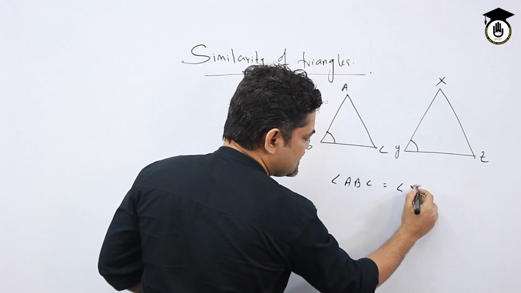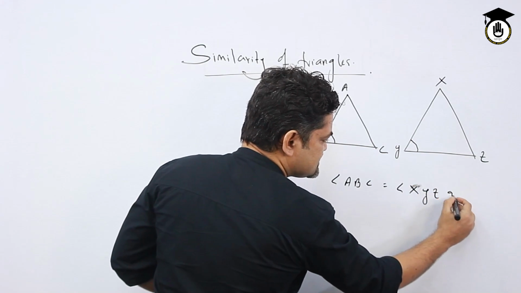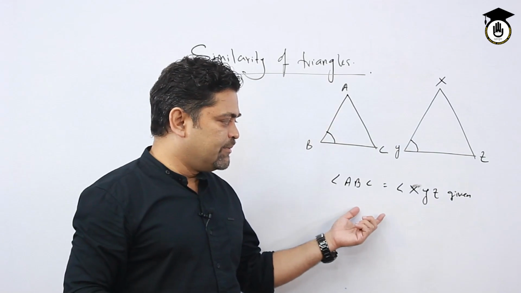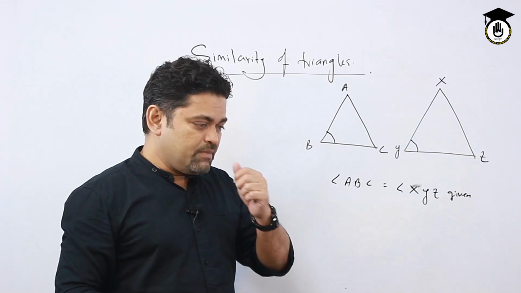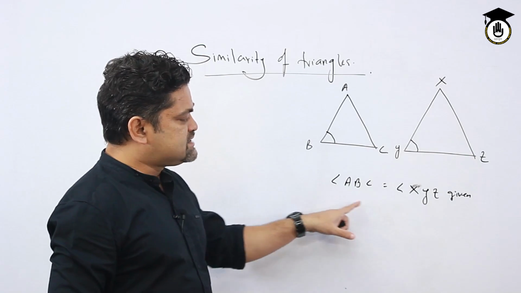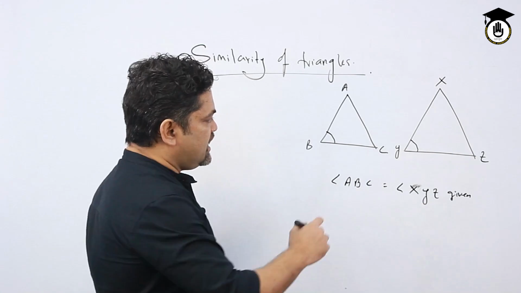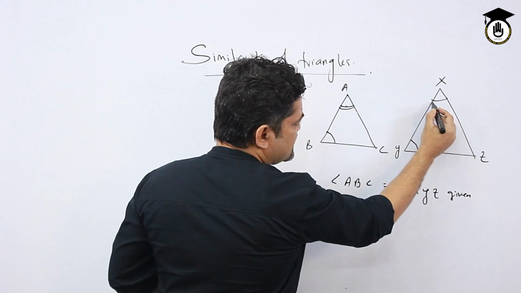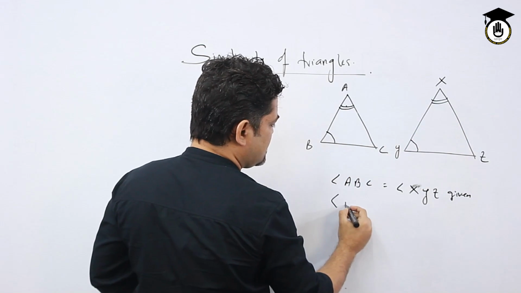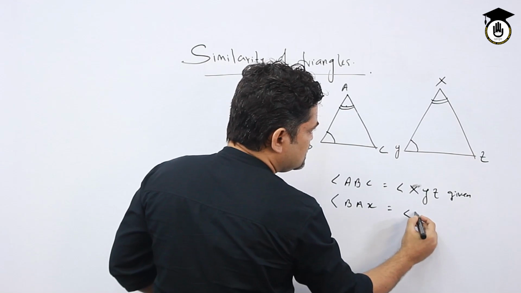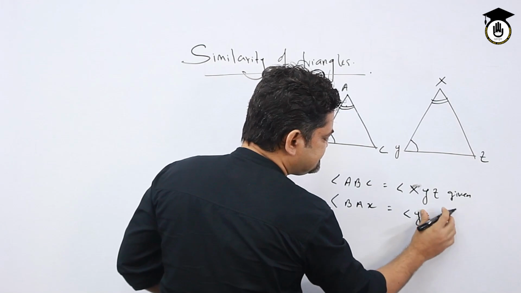In some cases we might find out the reason why they are equal, but here it is given. And for another angle, angle A and angle X are given equal.